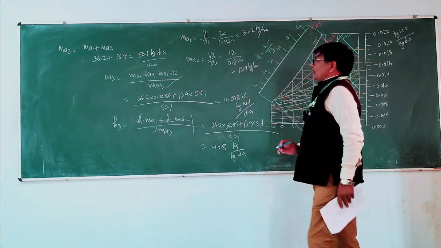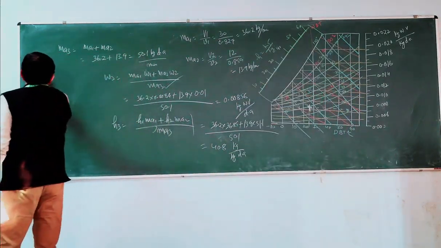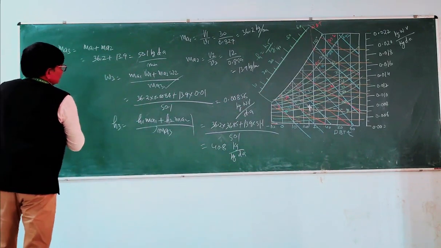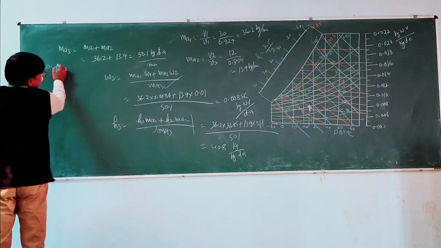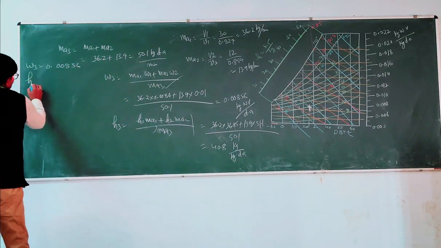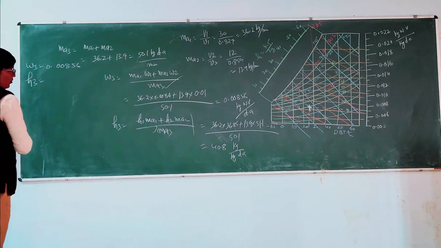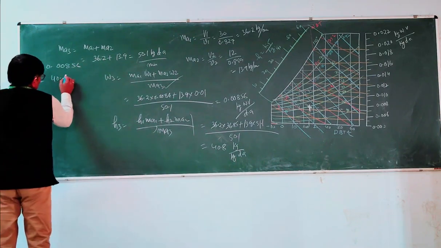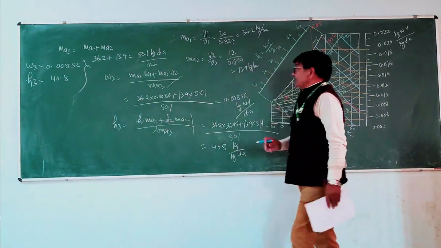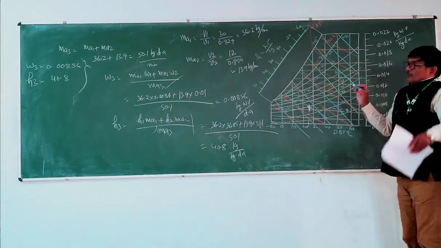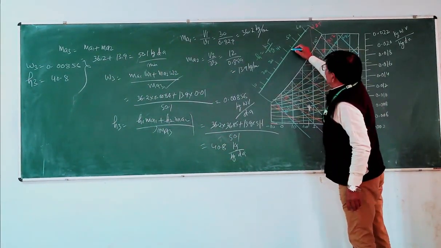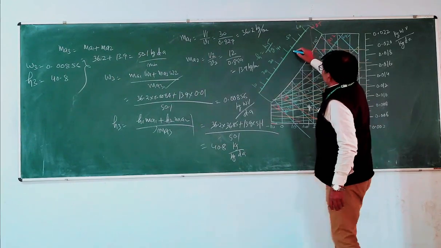So now you get two values, omega 3 equal to 0.00856 and h3 equal to 40.8. In the psychrometric chart you note these two values. h3 is around 40.8 here.